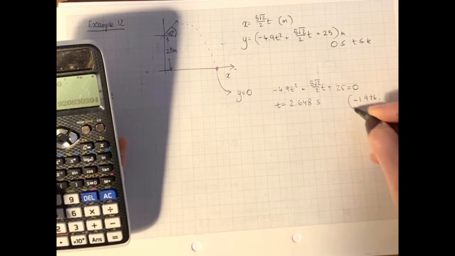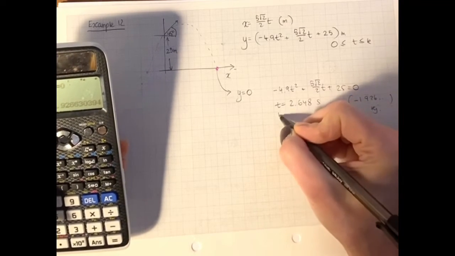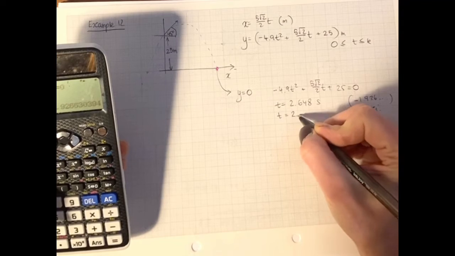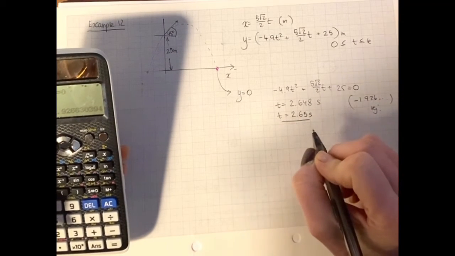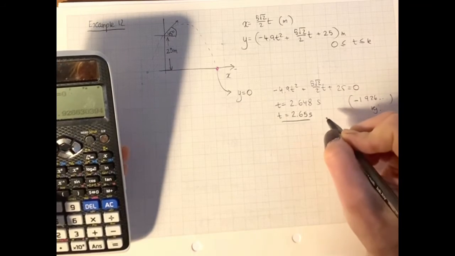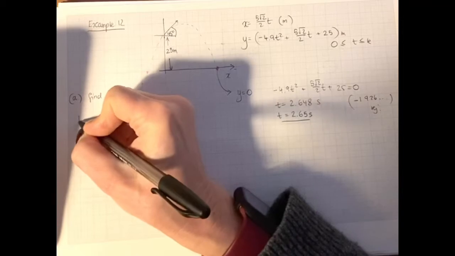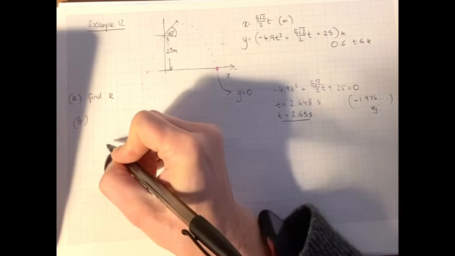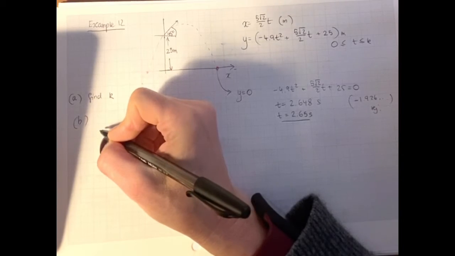So we are going to reject this one because we can't have negative time, and round it to 3 significant figures. So it's 2.65. Now for part B, we are asked to find the horizontal distance traveled by the stone once it hits the floor.